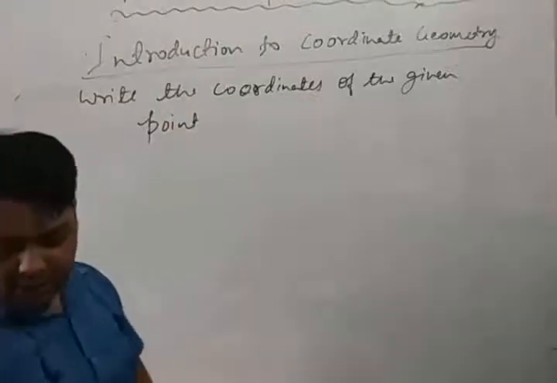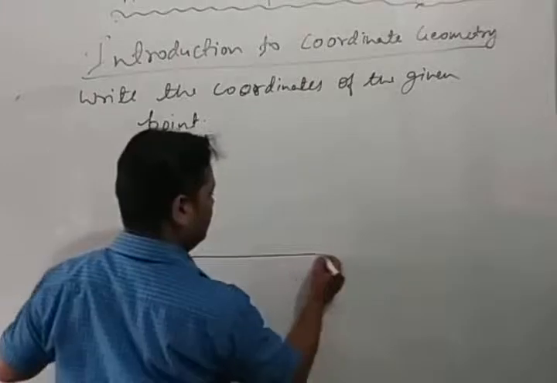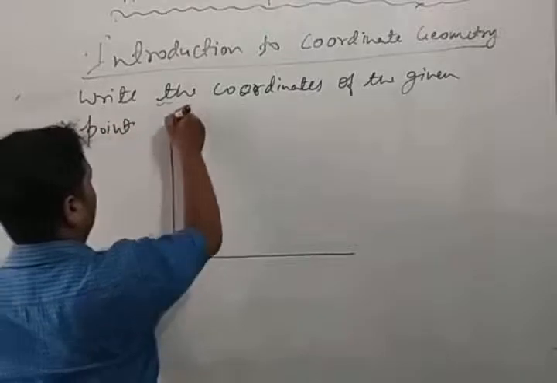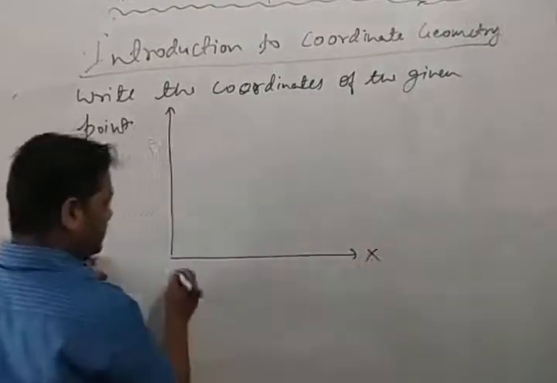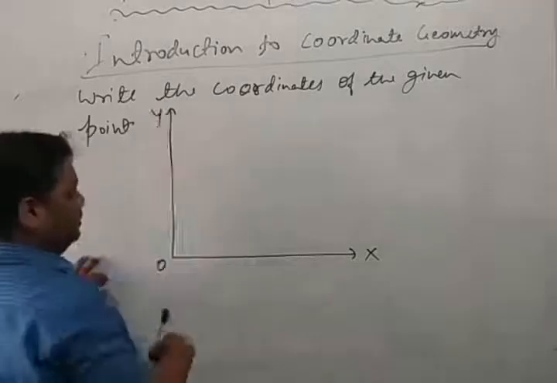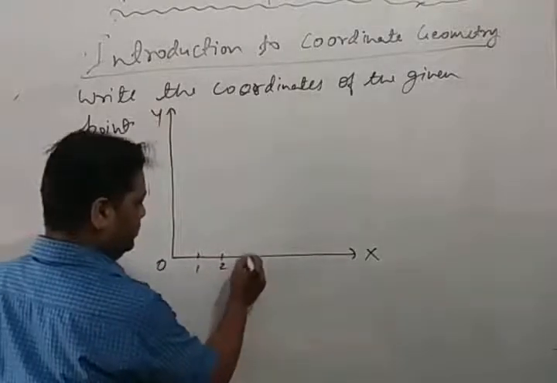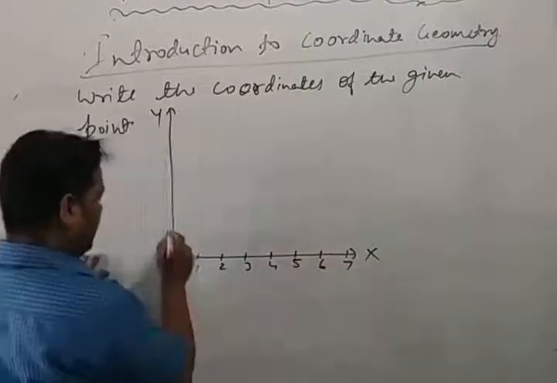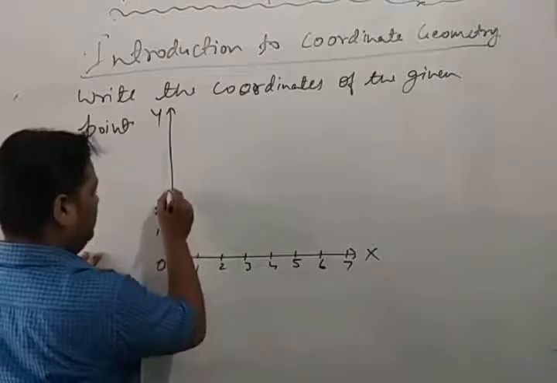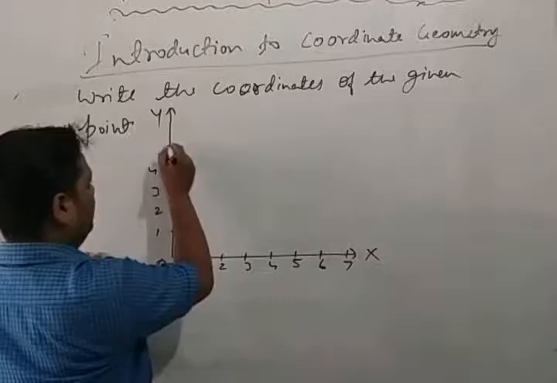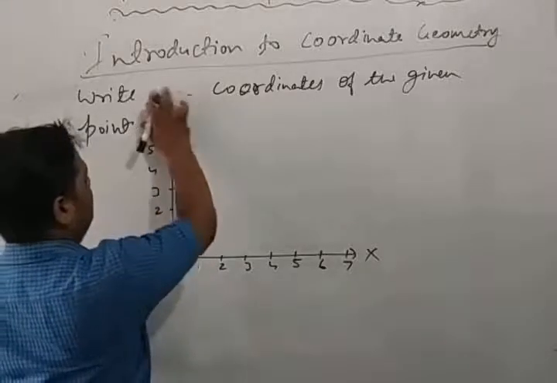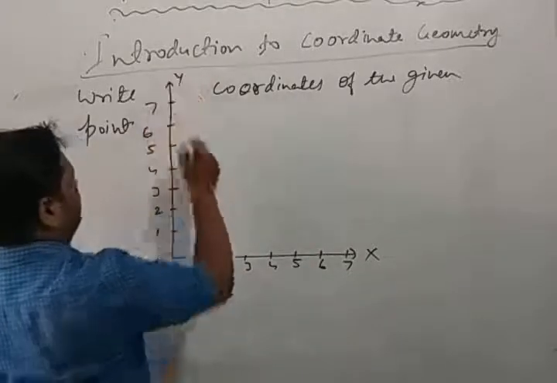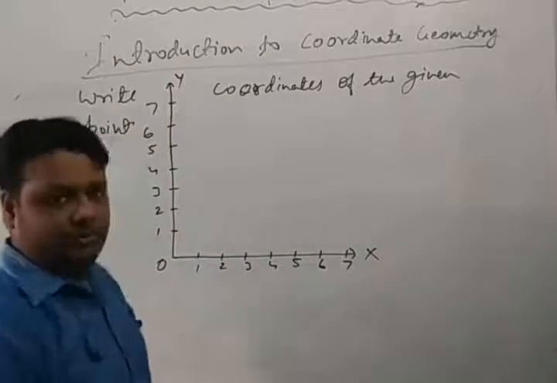And in the graph it is given: x, 0, y, 0, 1, 2, 3, 4, 5, 6 and 7. Here 1, 2, 3, 4, 5, 6 and 7. Okay. Now we have to find this. Let's see.